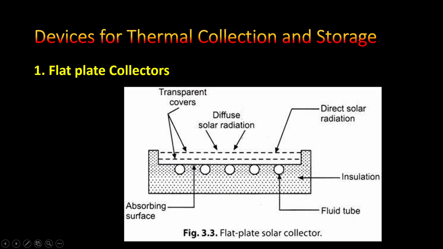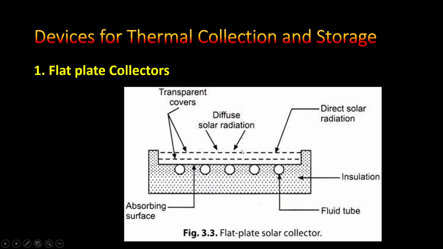The absorber material should be selected in such a way that it has a high value of absorptivity and a low value of emissivity. And there will be a number of tubes, either as an integral part or connected to this absorber material, through which the working fluid is flowing. Our intention is to heat the working fluid, which is either water, some other fluid, or air.